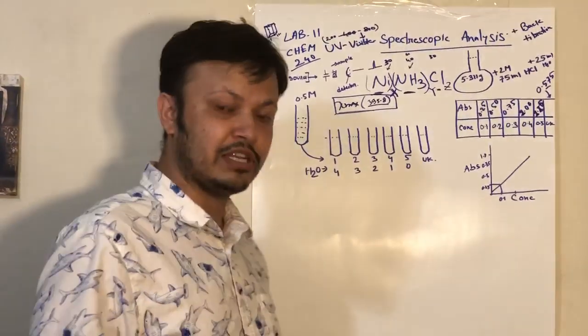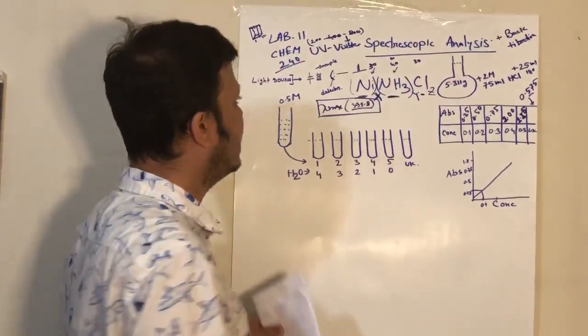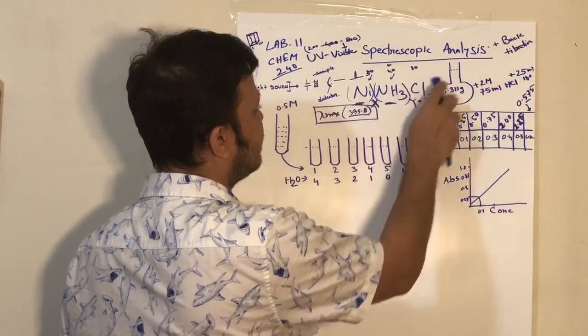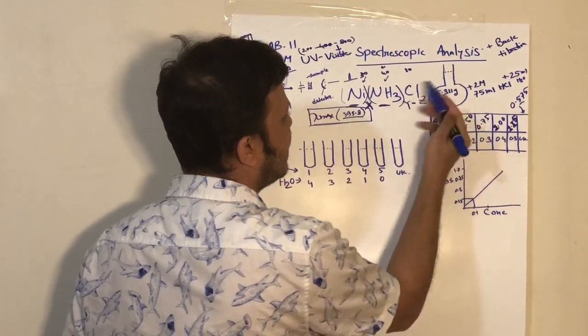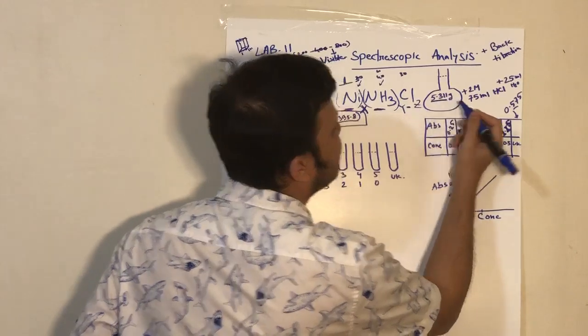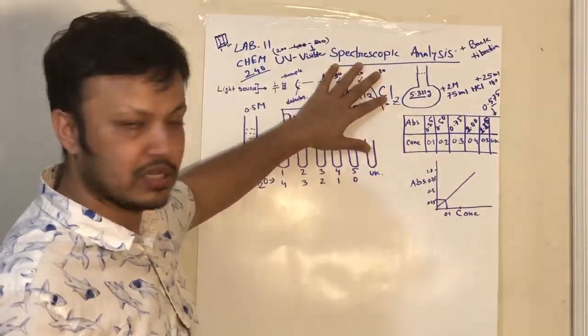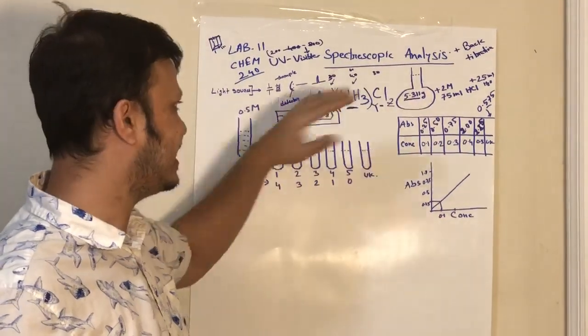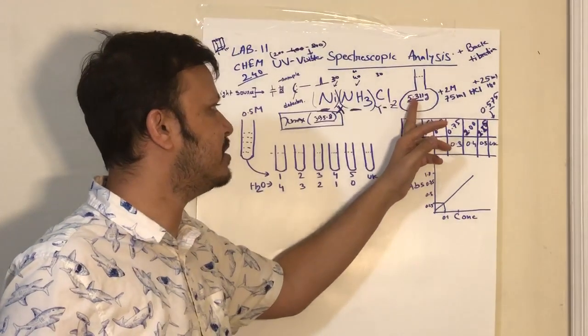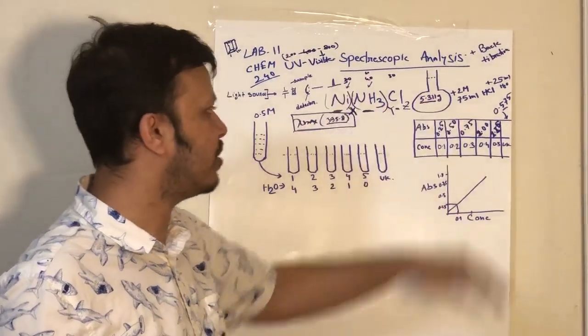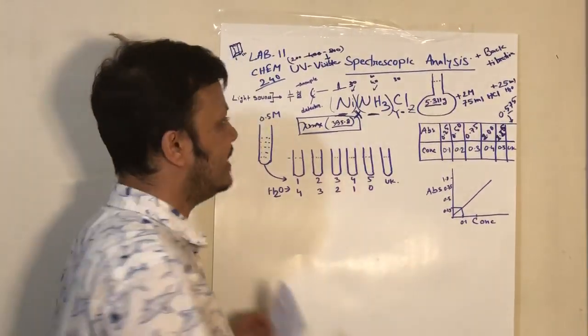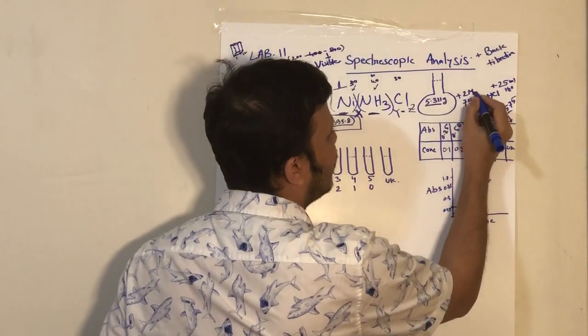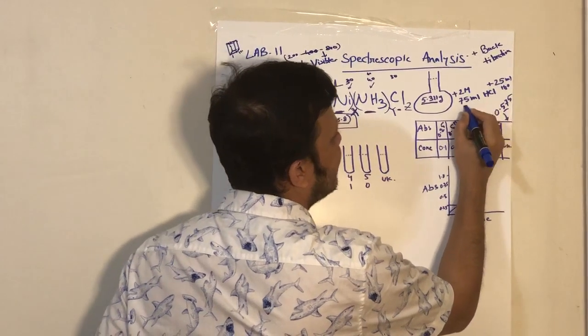So to do that, what do you need to do? First of all, you need to dissolve the things. First you have to take 5.311 gram of the salt, nickel ammonium chloride. Once you take it, then you are going to add 75 ml of 2 molar HCl.